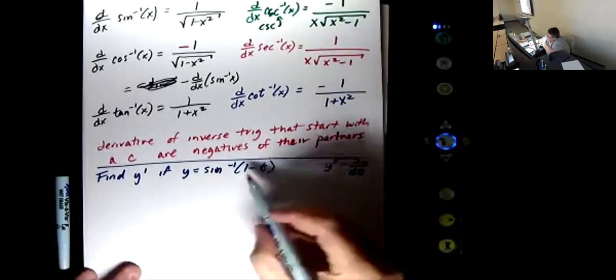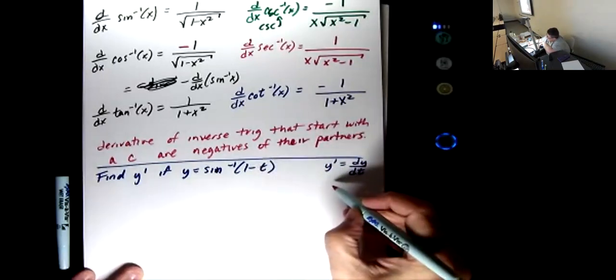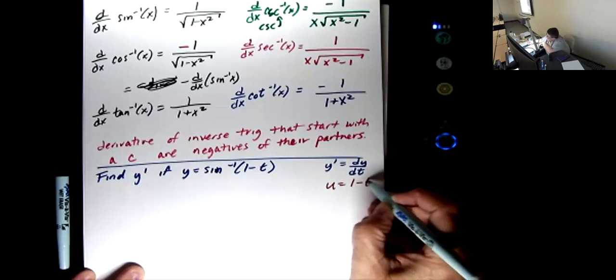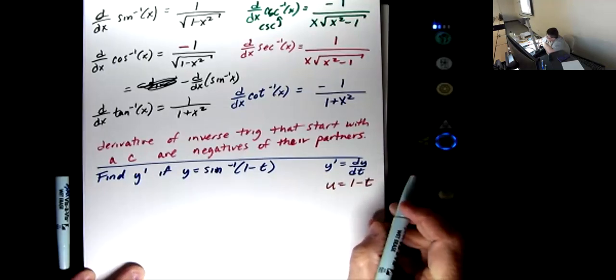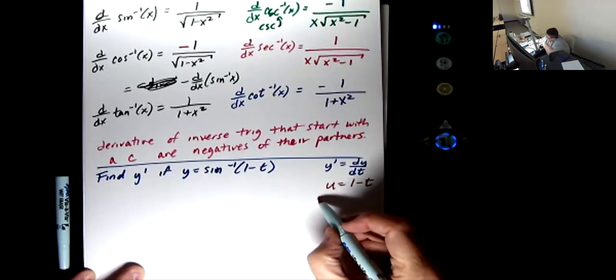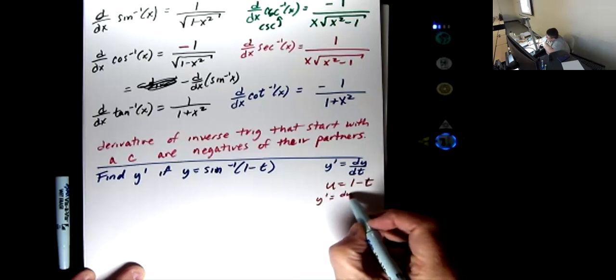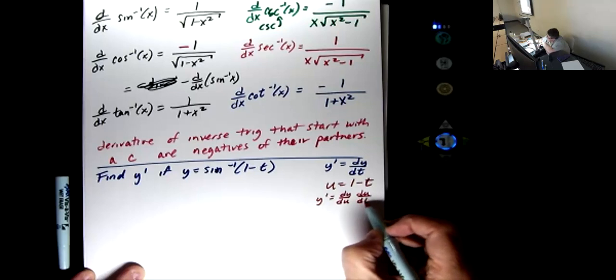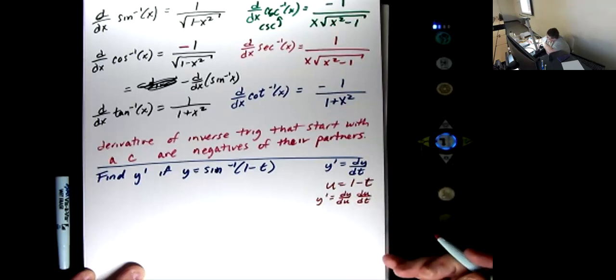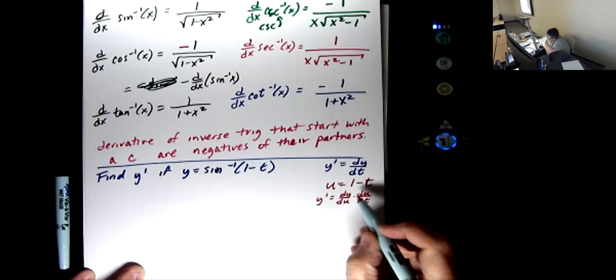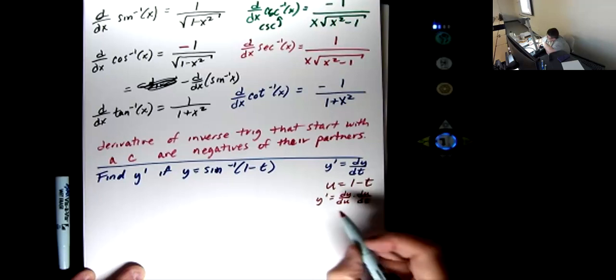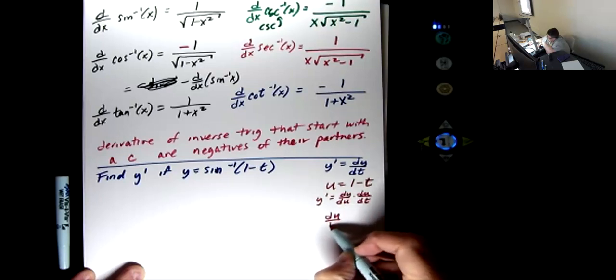Since we've got something weird going on on the inside, I recommend a U substitution: let U equal that inside. So now y prime is going to equal dy/du times du/dt. And du/dt is -1.